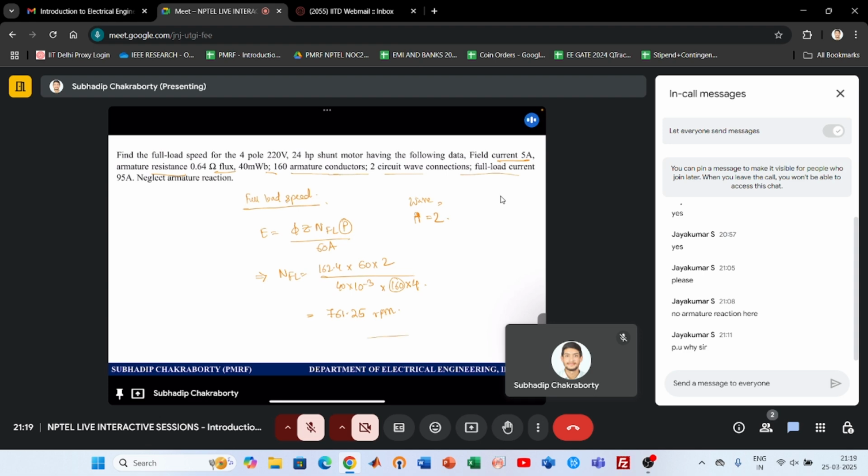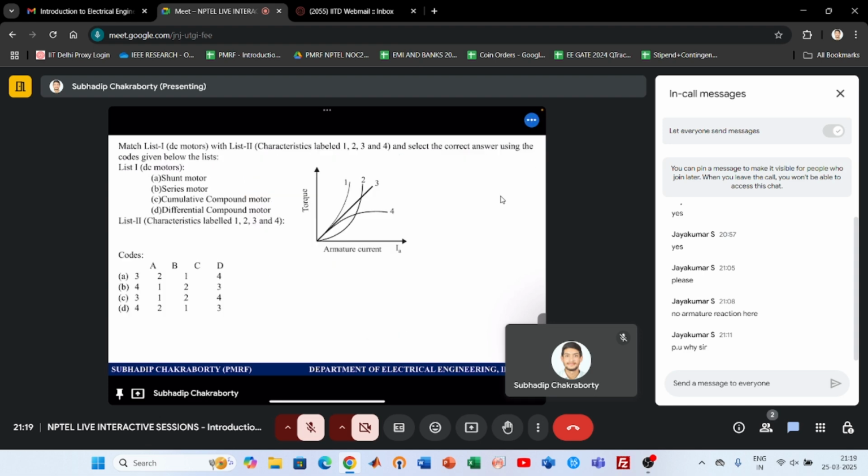So this is how you derive, right? Now they are asking you to match the characteristics, right? So matching the characteristics, I told you that for torque versus IA, ideally speaking, your series should be a parabolic curve, because torque is proportional to phi IA and phi is proportional to IA. So torque is proportional to IA square.